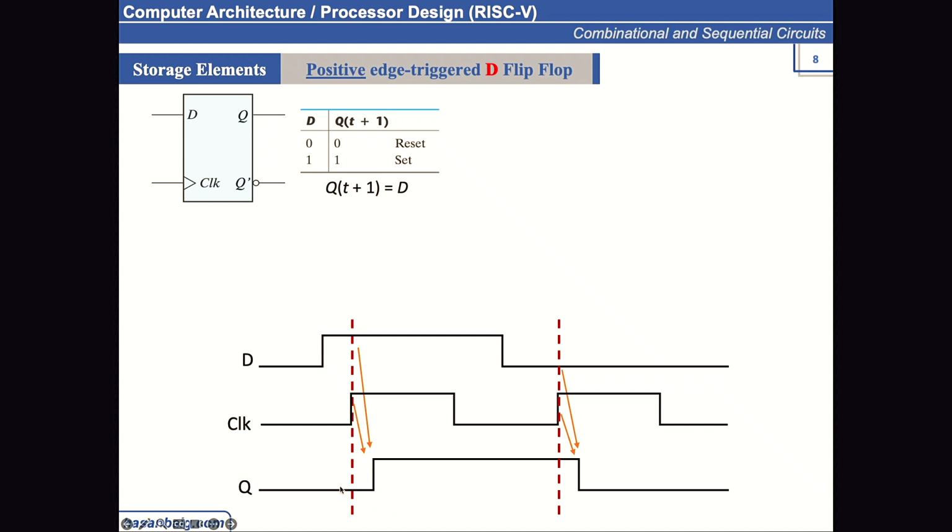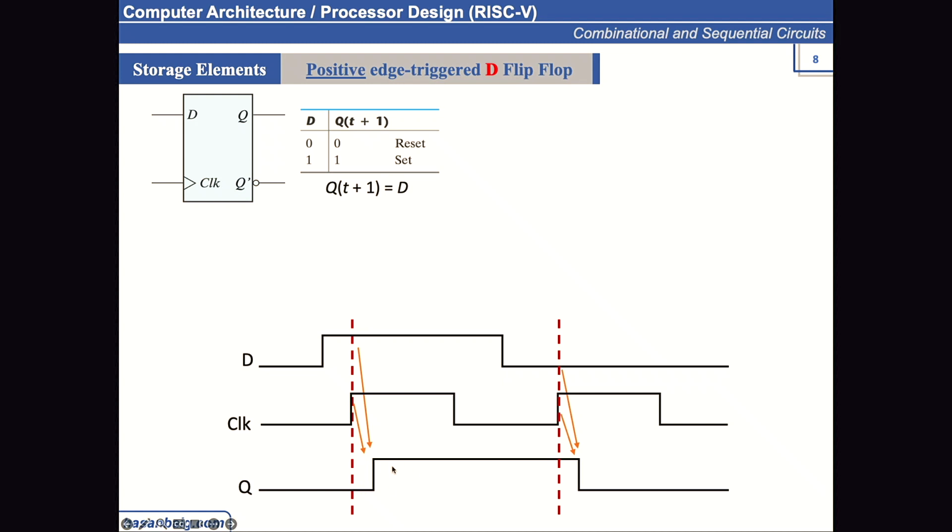Q is still the same. It changes when the next positive edge of the clock comes in. So when the positive edge of the clock comes in, this flip-flop reads the value of D and reflects it at the output after a certain delay. I'll be talking about this delay shortly.